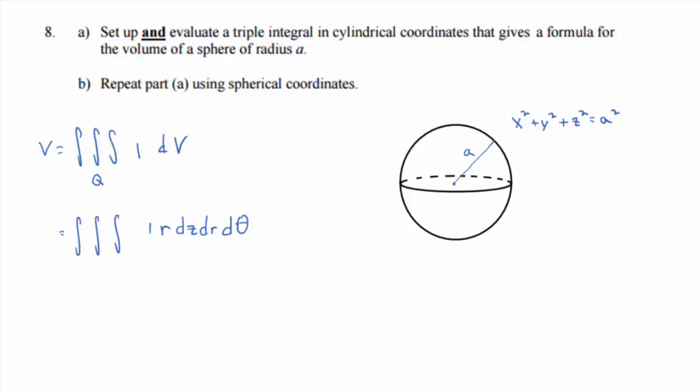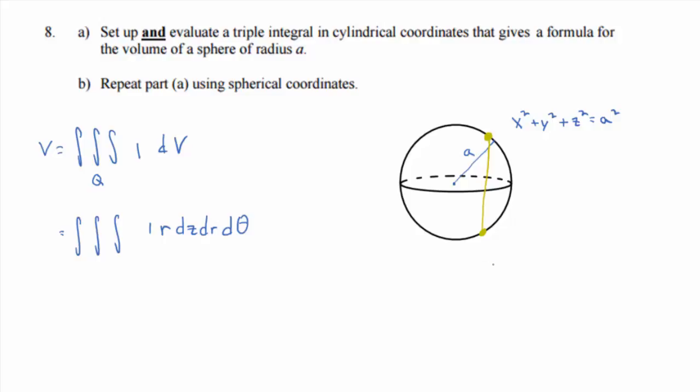So that would be the correct dV for part A, wouldn't it? Now, think of the floor, think of the ceiling to get the limits of integration on z. So the floor might be here, the ceiling might be here, except, well, we can make life easier on ourselves in a second, but let's just set up the full integral and then we'll use some symmetry to make it a little bit easier.